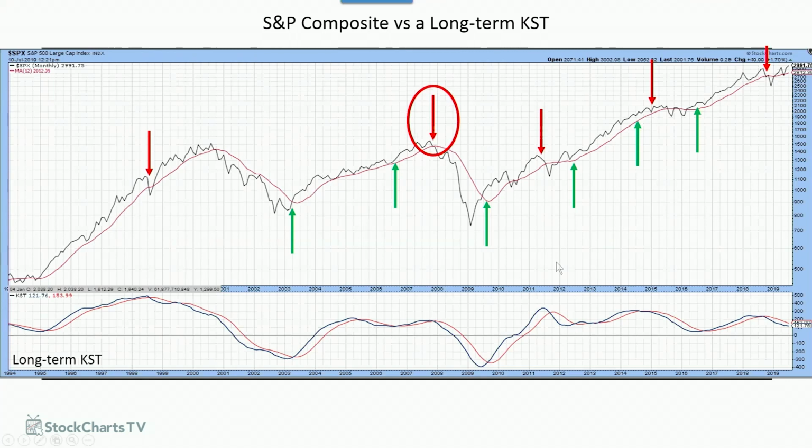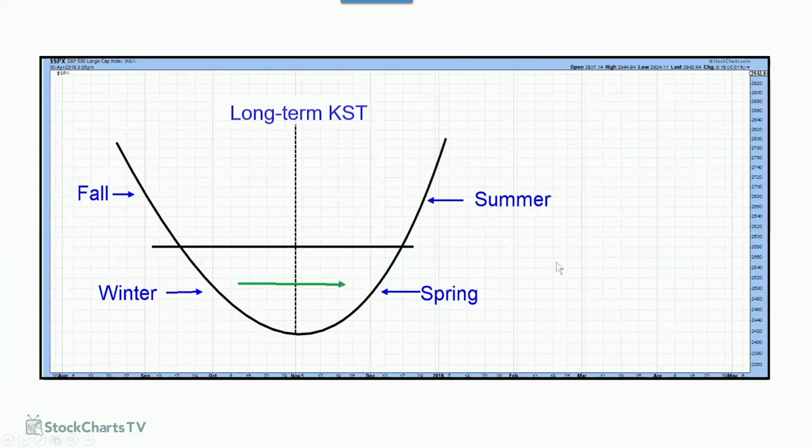So let's take a look at a theoretical example here of a long-term KST. I like to split the KST into 4 different quadrants, which I call seasonal momentum.